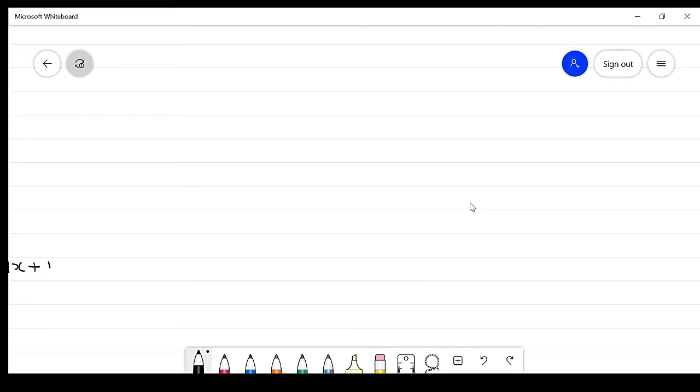Now to prove that result, the given part is that N is complete. This is a complete normed space.